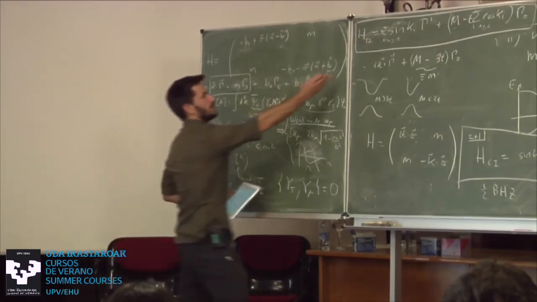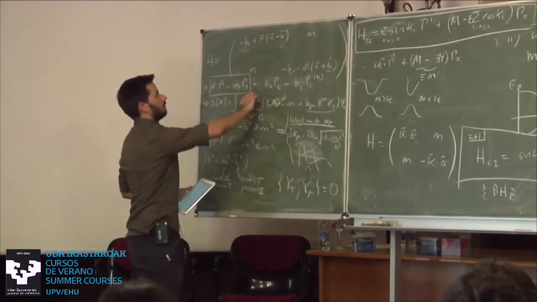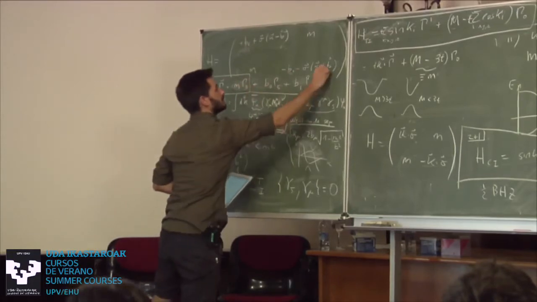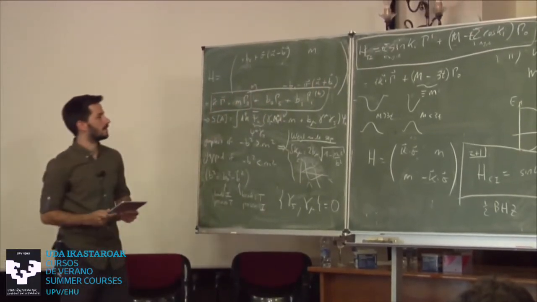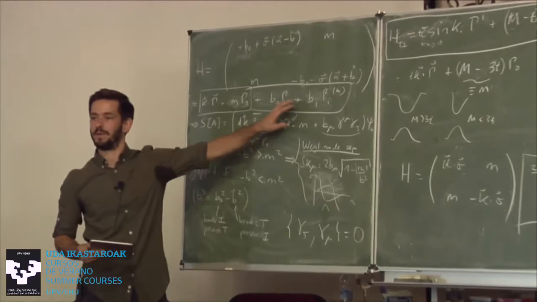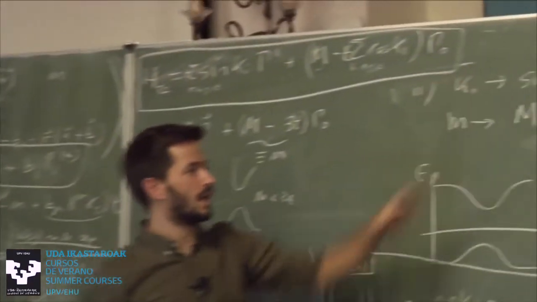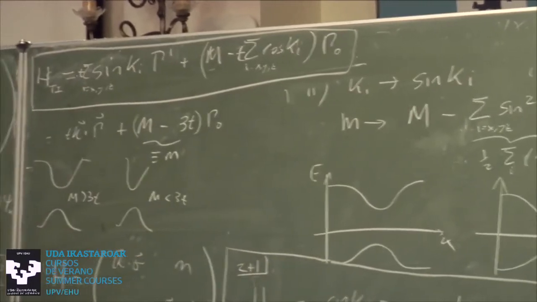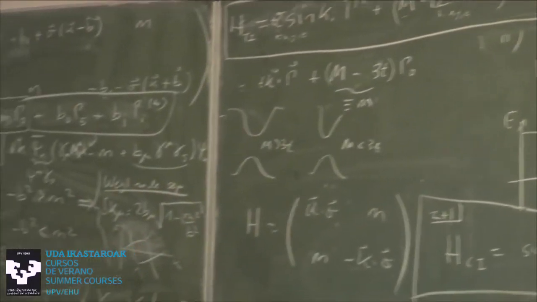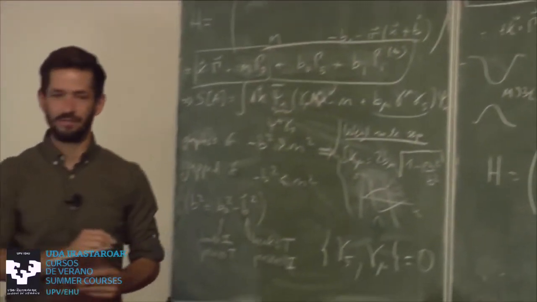So one can, in principle, do the same for the whole Hamiltonian, because these things don't depend on momentum, so they stay the same with this map. And that will have a very rich phase diagram.